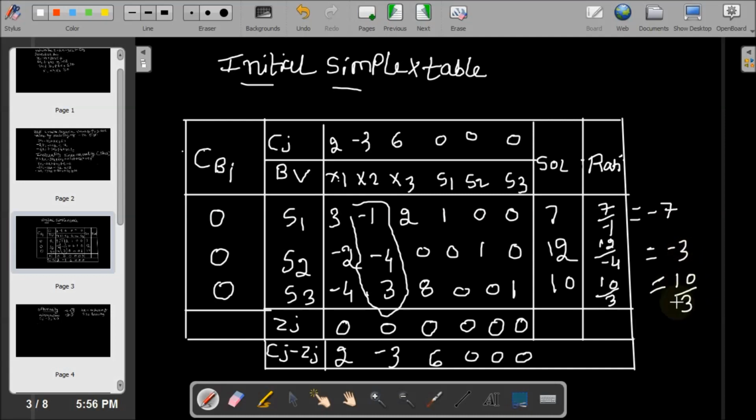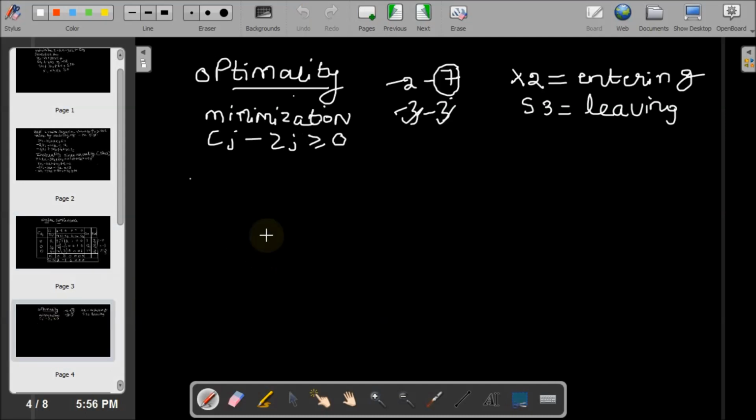That's why it's easy to select 10 by 3. But suppose two positive numbers are there, then while selecting the ratio you have to select the least positive value. For example, if the ratios are 3 and 5, which one will you select? 3 you will select. Getting, guys?